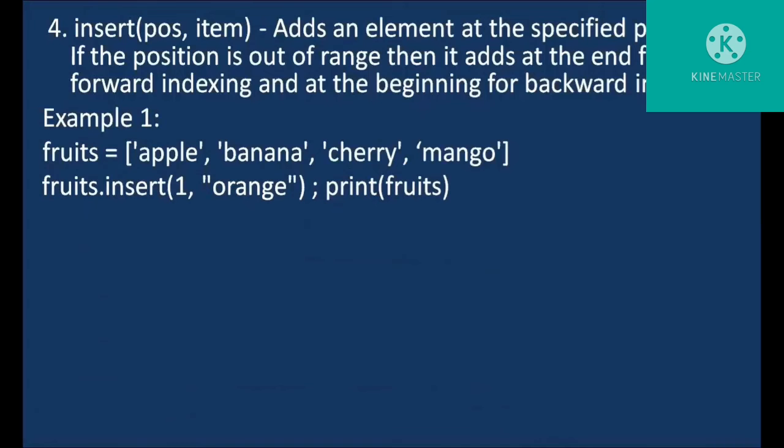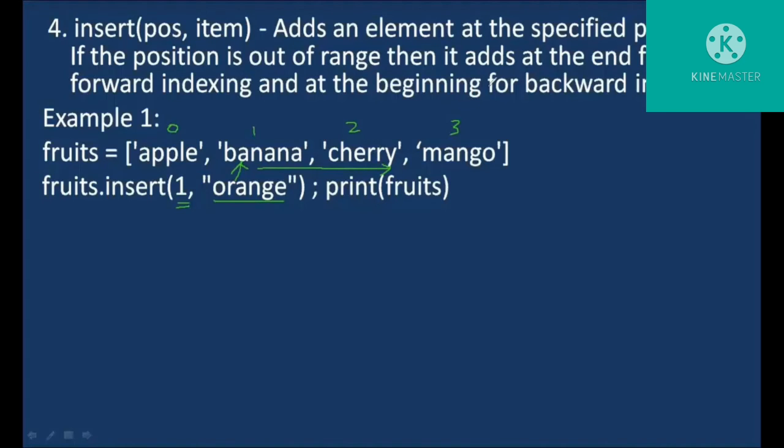The insert method requires two parameters: the position, which means the index number where you want to insert, and the item that you want to insert. So it adds an element at the specified position. If the position is out of range, then it is added at the end for forward indexing, and at the beginning for backward indexing. Example, I have a list called apple, banana, cherry and mango.